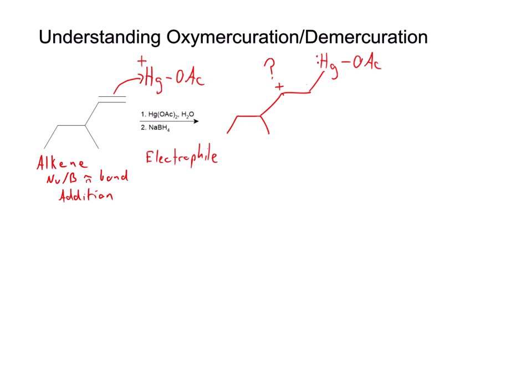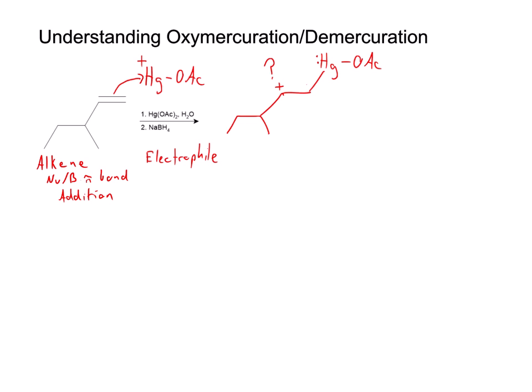The reason why mercury has a ton of electrons around it is because it's very far down on the periodic table. It actually has electrons in the F and D orbitals, and we don't really learn about those at all in organic chemistry. We're mostly stuck in this sp3 hybrid world for the most part. So this lone pair, it's more of a convenient way of representing that we have a lot of electrons.